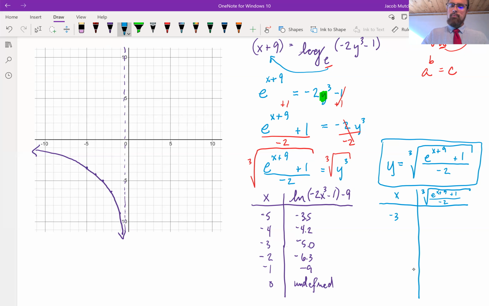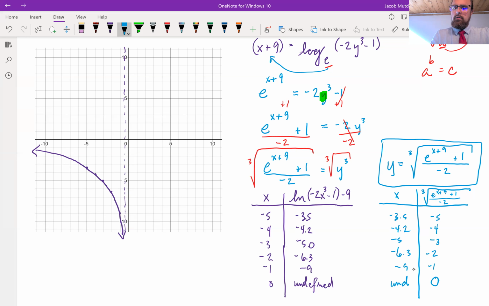So negative 3.5 is negative 5. Negative 4.2 is negative 4. Negative 5 is negative 3. Negative 6.3 is negative 2. And negative 9 is negative 1. And then at 0, I'm sorry, let's write this correctly. Undefined x value at 0.